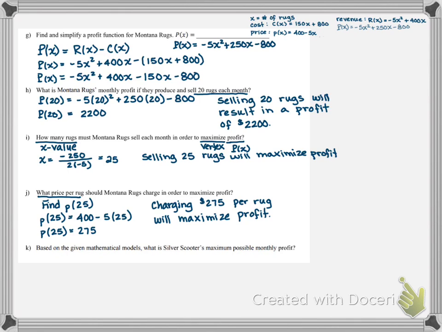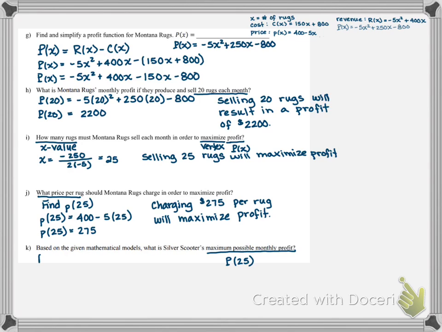Okay, what about K? What function am I using there? Profit function. I'm looking for the maximum possible monthly profit, which means I need something with an output of profit. And what's my input? 25, because I want the maximum profit. So I have to use the X value that will produce the maximum profit.